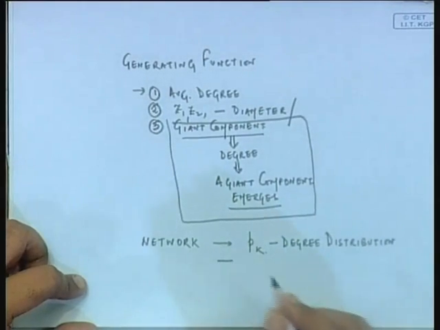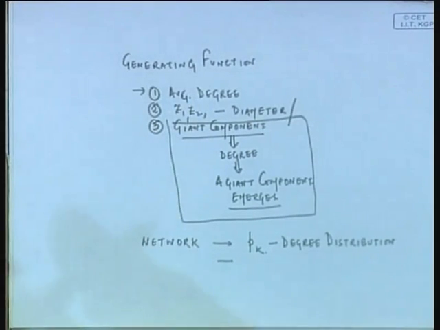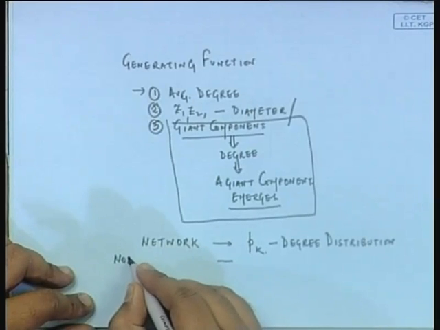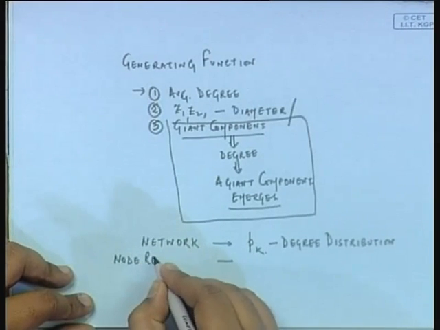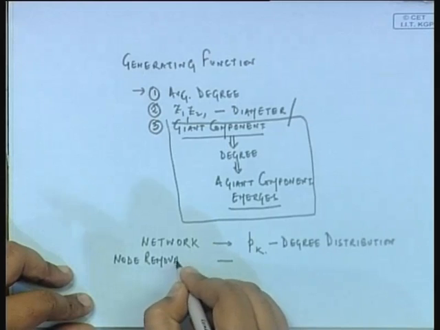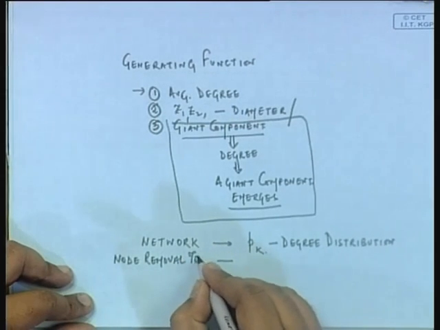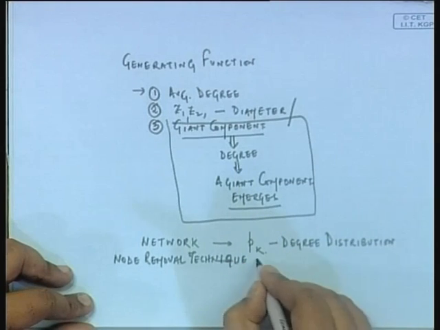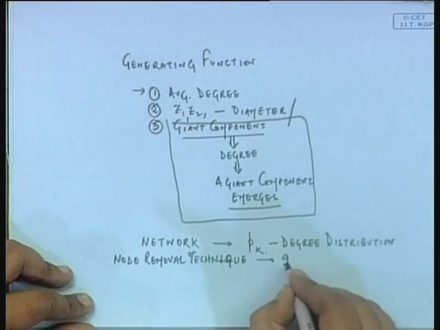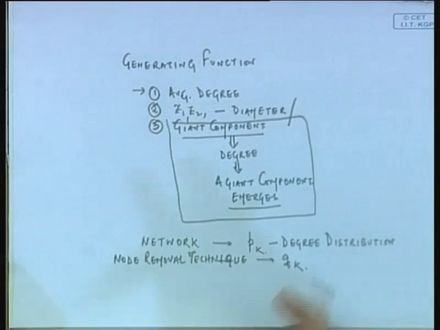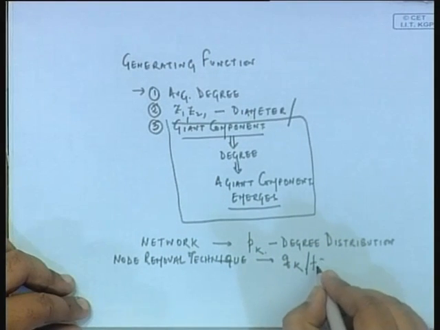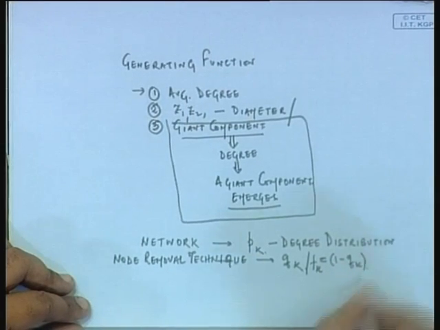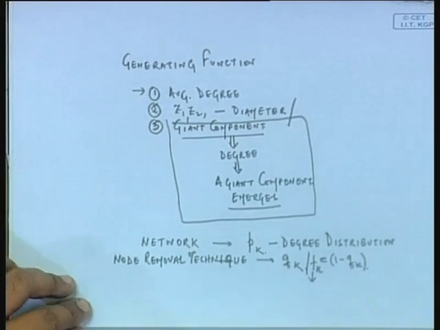And then what we can have is a node removal technique, which can again be characterized by Qk or Fk. So, what is Fk?